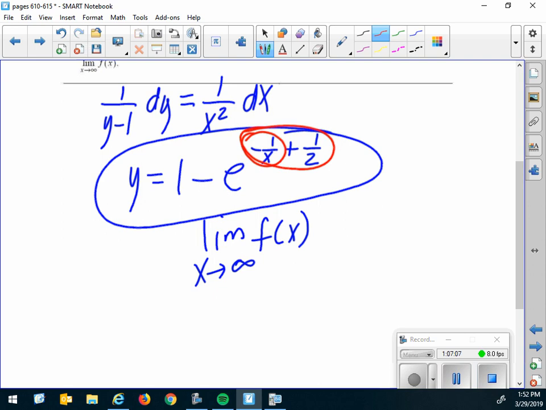A half, right? 0 plus a half. I think that's the limit as x approaches infinity. You can graph it and look at it, but I think this will be the answer right here. Remember, all you're doing is letting x get great big. Folks, we did 2 lessons today.